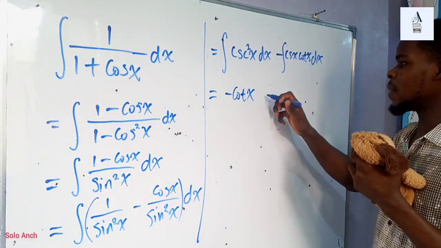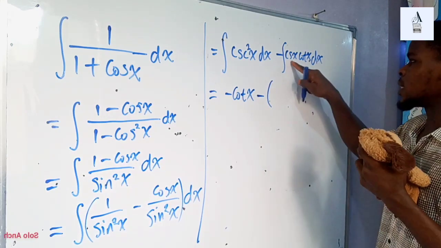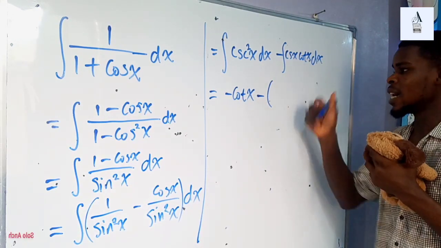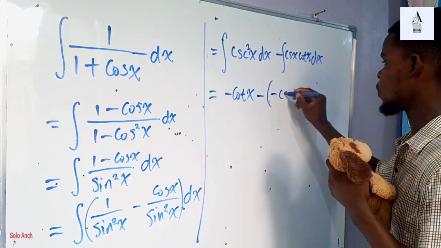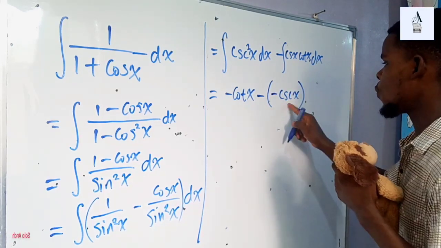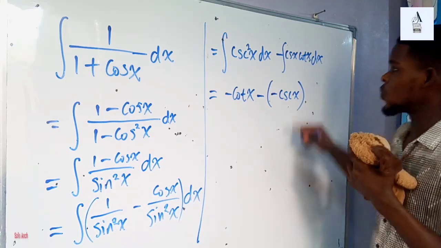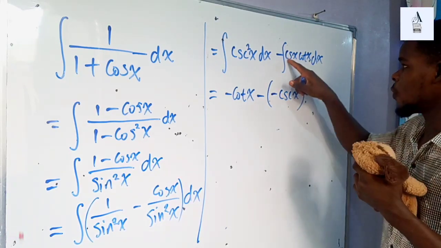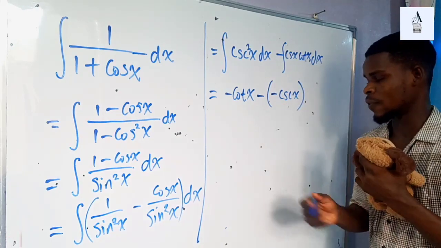Okay, and then we say minus cotangent of x times the cosecant of x. The antiderivative will give us negative cosecant x, because if we differentiate negative cosecant x, we have positive cosecant x times the cotangent of x. So the antiderivative of this product will give us negative cosecant of x.